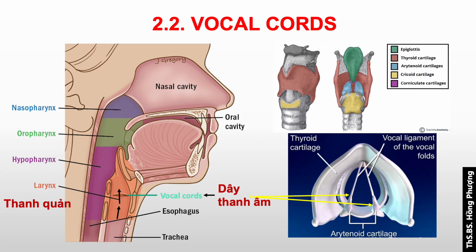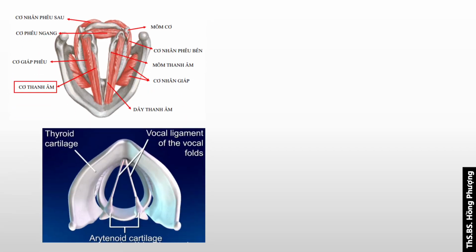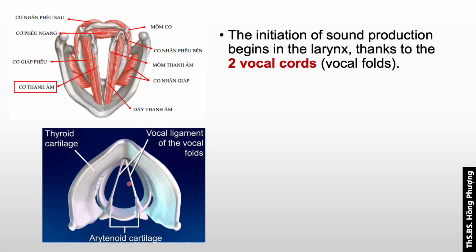In humans, the vocal cords, also known as the vocal folds, are folds of throat tissue that are key in creating sounds through vocalization. The vocal folds are located within the larynx, and they are part of the glottis. The initiation of sound production begins in the larynx thanks to the two vocal cords, which are called the vocal folds.